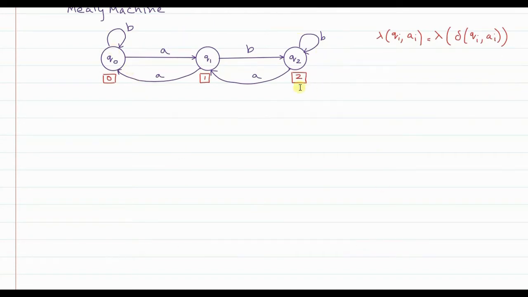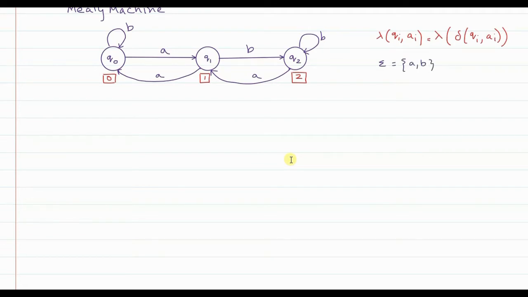In the Moore machine that is given here, the input alphabet sigma happens to be a comma b.